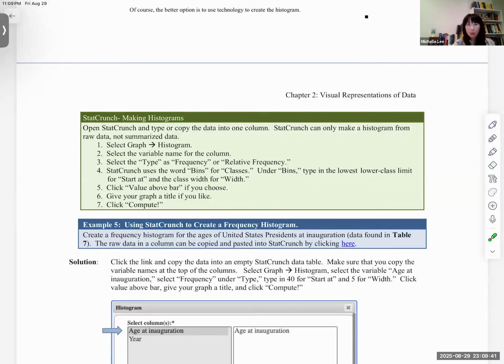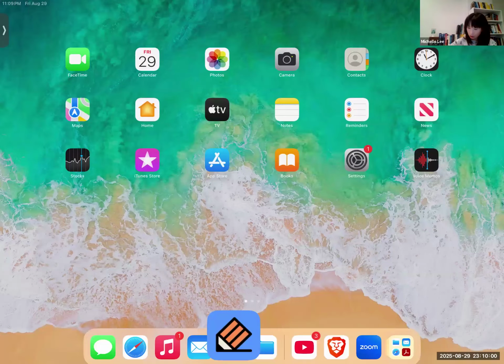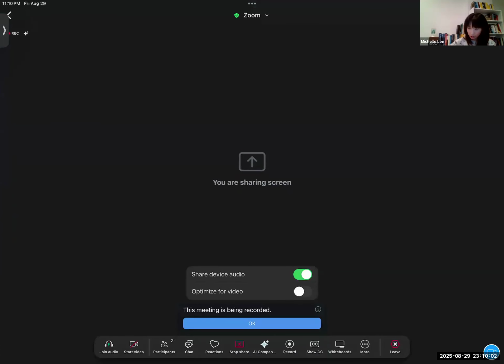Okay, so I will make a share screen. In the textbook, we can just click here to make a copy and paste the data set, right? So let's do it. I have to stop share here first.